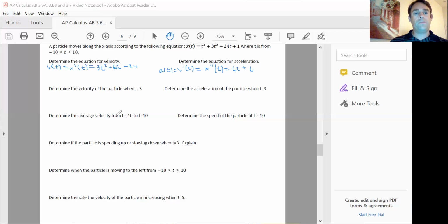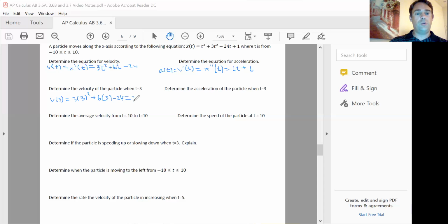All righty. Determine the velocity of the particle when t equals 3. We're just going to take 3, and you plugged it in here. I didn't give you any units, so we're not going to put units at the end of our answer. So 3 times 3 squared plus 6 times 3 minus 24 would be a whopping 21.